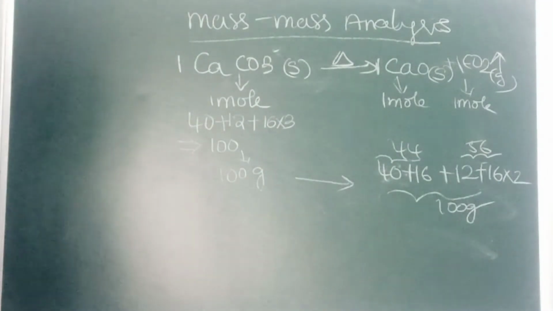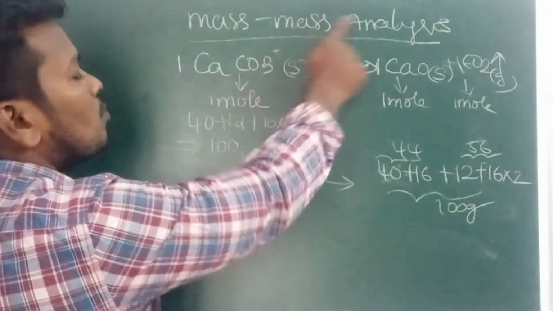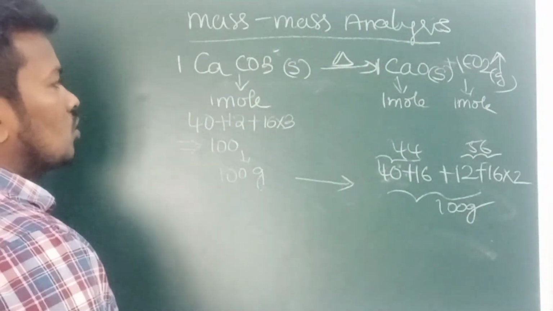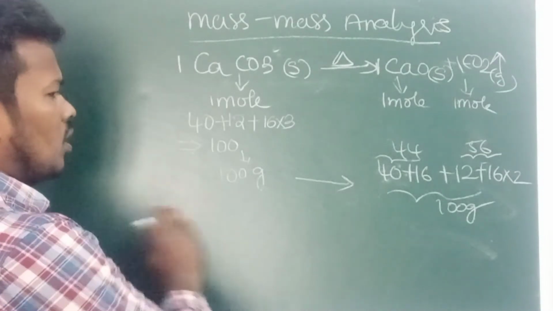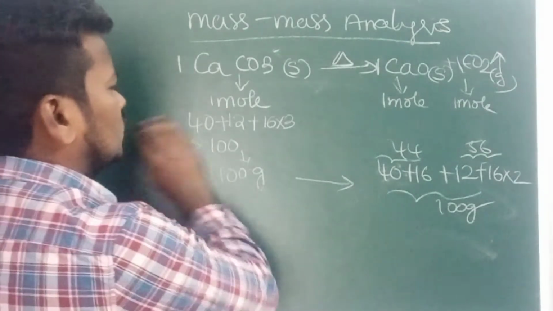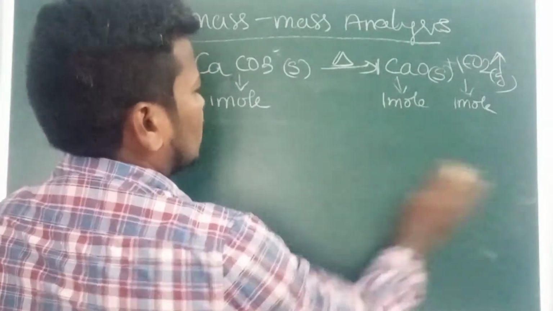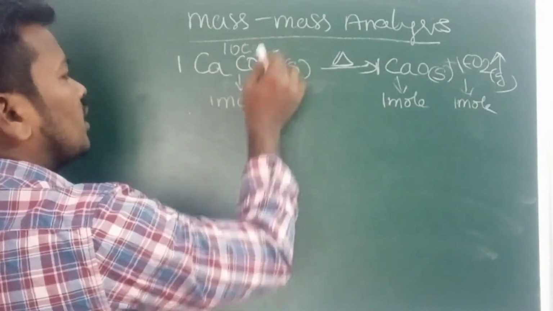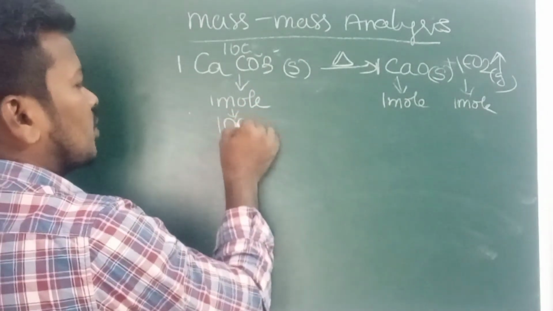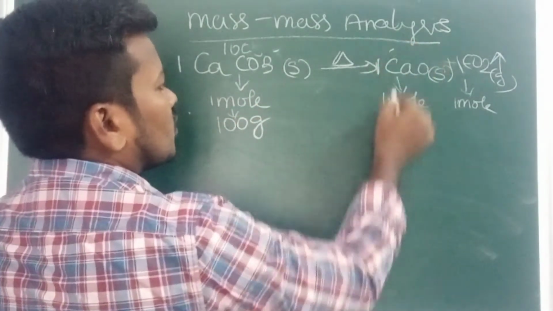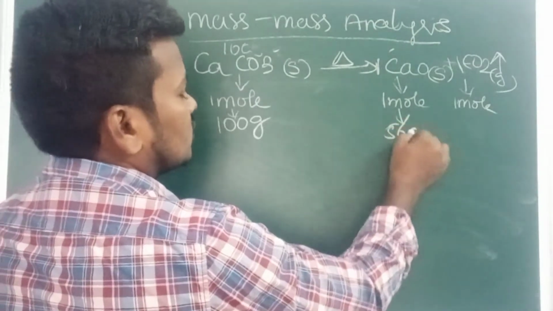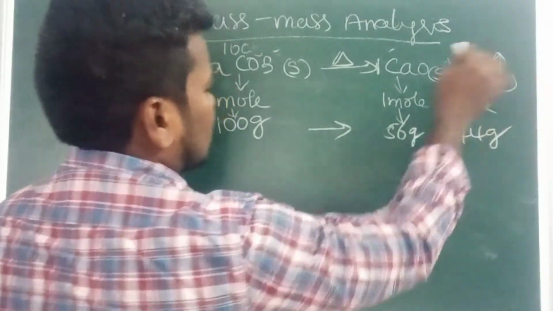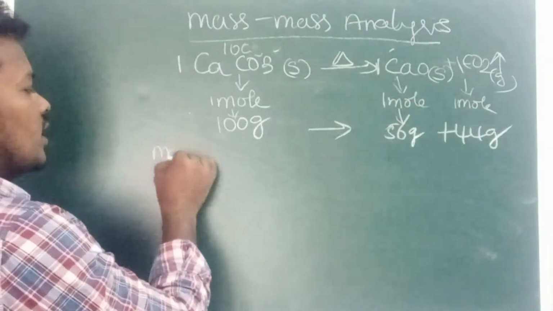So now what we have to do here? We have to find out the mass analysis. So now you can see how you will find it. After writing the masses, here 100 grams, here 56 grams, here 44 grams. How will you calculate?